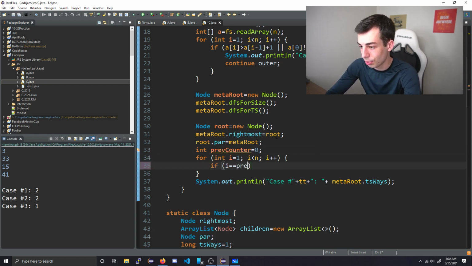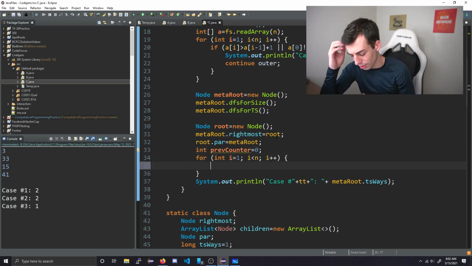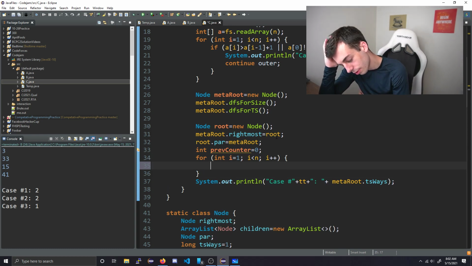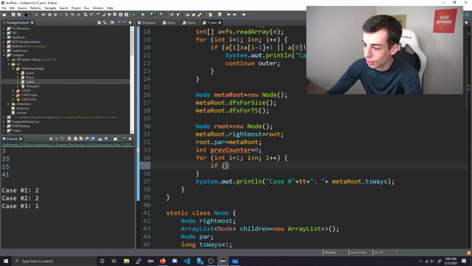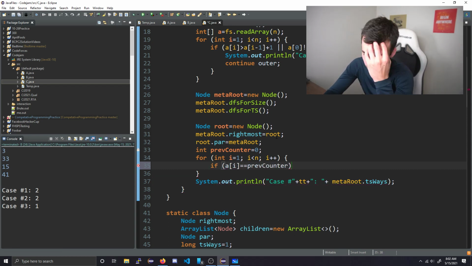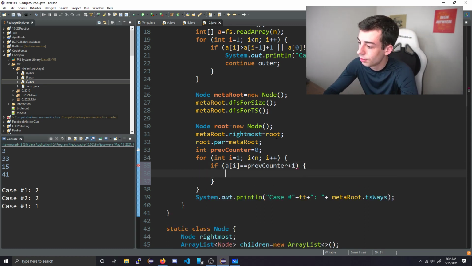If I is equal to prev. Okay, so I guess, wait, what is it? So just go up this many. Yeah, okay. So if a at I is equal to prev counter plus 1.